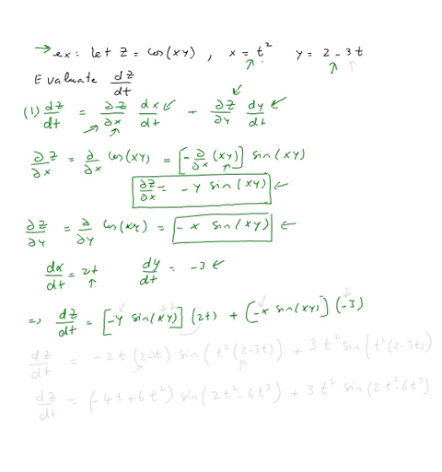Now all we have to do is replace y by its value and each x by its value, and then multiply these things. So this is going to be minus 2t, and my y happens to be 2 minus 3t.